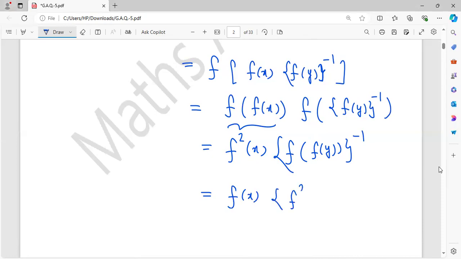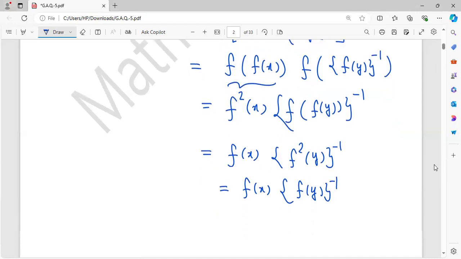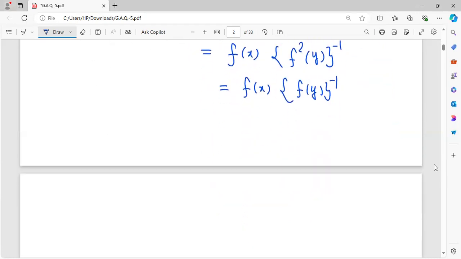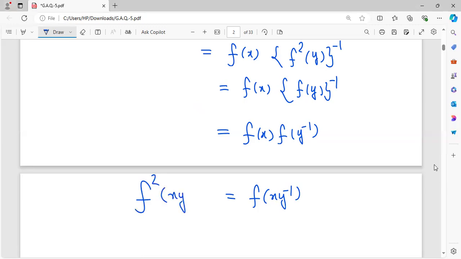This is again f²(y), so you can again write it as f(y) because y belongs to K. Again, by property of homomorphism, we can write it f(x)f(y)⁻¹. So what we got, f²(xy⁻¹) is this.